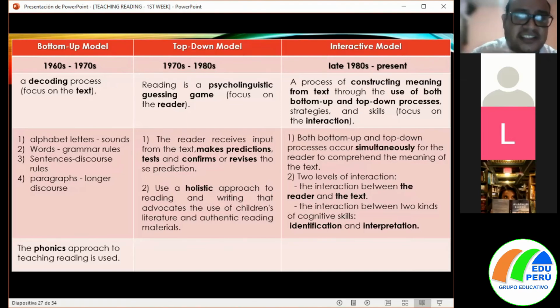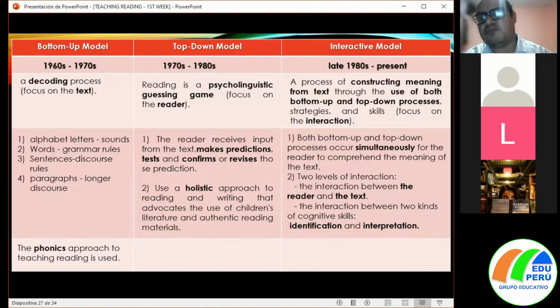So you're going to identify the spelling patterns, identify the words, the meaning of words, and then the sentences and phrases. That's why here it says that we use the phonics approach to teach reading. Notice, to teach reading, the phonics approach.